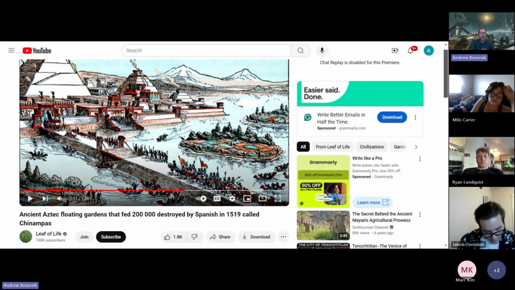And what is fascinating to me about this is that this was something that these guys knew to do, and crop rotation was something that was instituted by European colonizers relatively recently. That was something that they came up with relatively recently, and these guys knew about it for a long time.